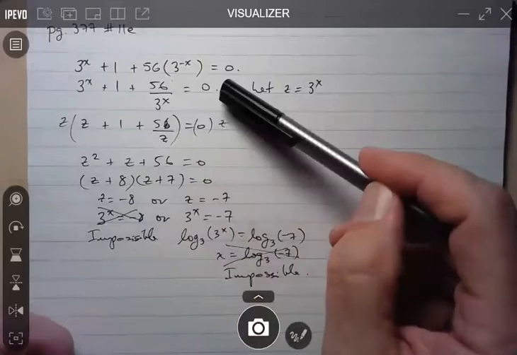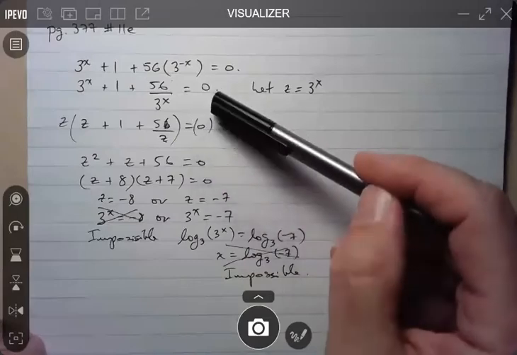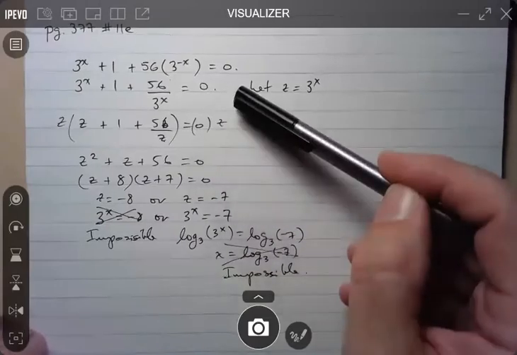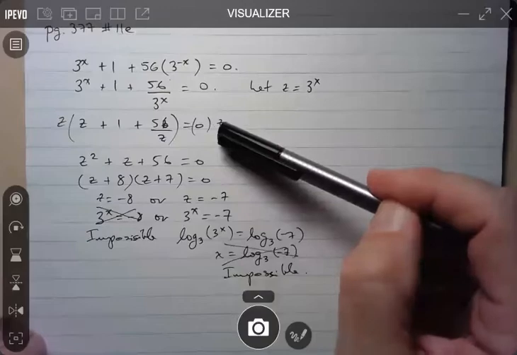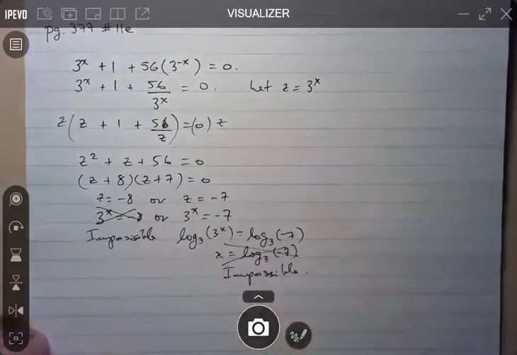From there, identify whatever type of equation it is. In this case here, a rational equation. The rational equation gets turned into a polynomial equation, solve, but then you have to go back and solve the powers. Okay, I see a question there.